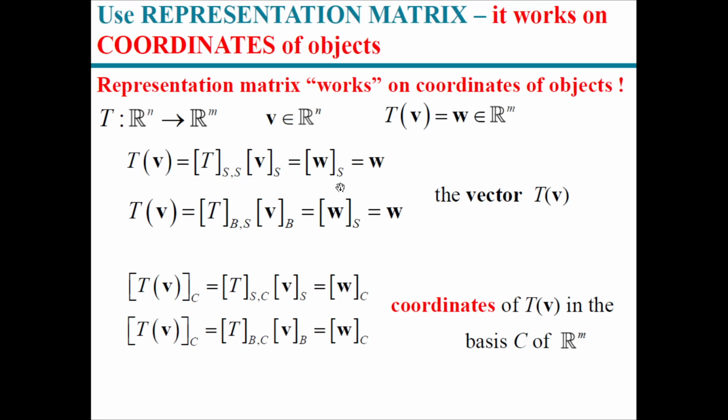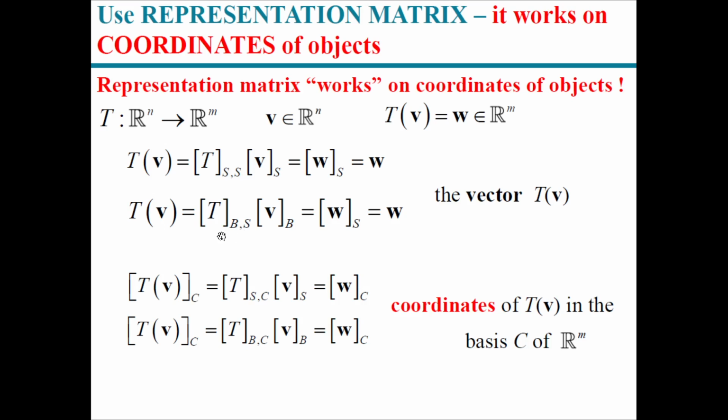Now we know that the standard coordinates of a vector are equal to the vector itself. In this case, I have a representation matrix where for the input space I use basis B, and what I get as output is the standard coordinates for the output space.